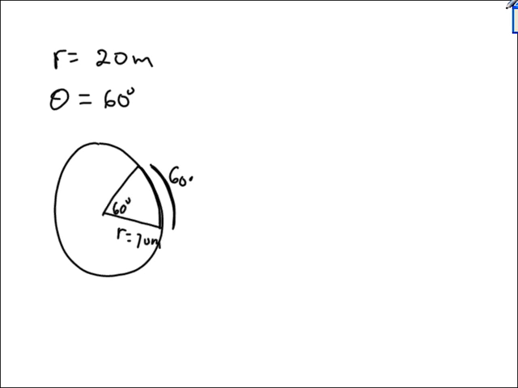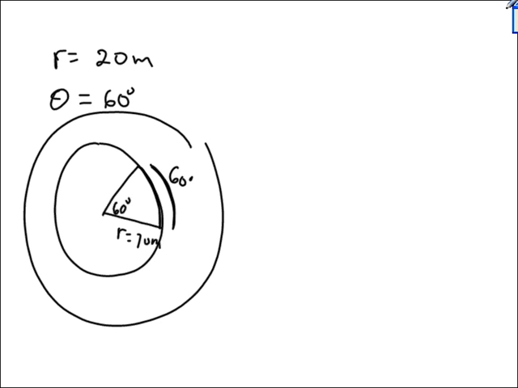Because remember, if I make an even bigger circle with the same center, so they are concentric circles, this angle is still 60 degrees. Hence, this arc measure is still 60 degrees. But clearly, this length is bigger than that length.